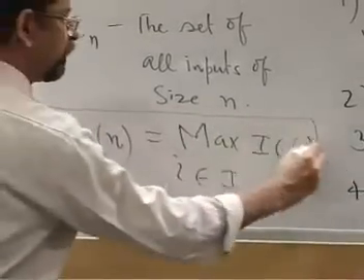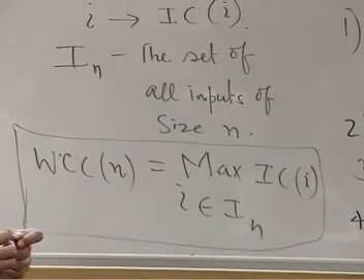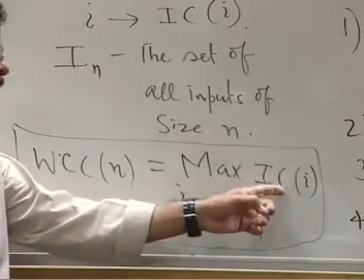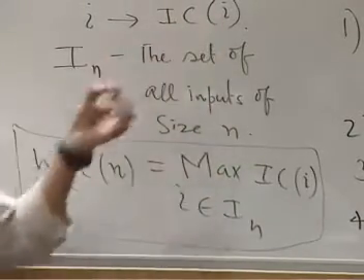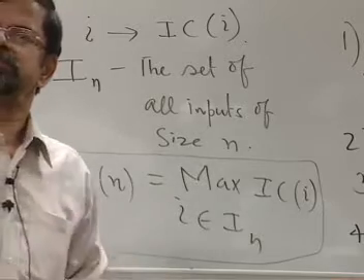The formal mathematical definition is given here. You consider the instruction count of I as the individual one and you take the maximum.